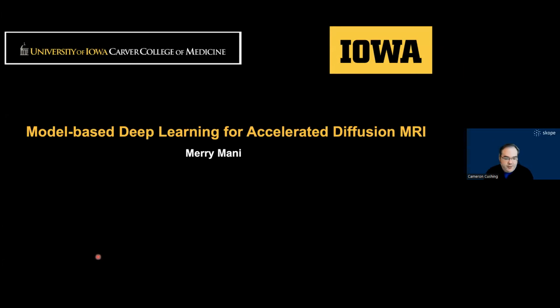This year's webinar series with someone that I've had the pleasure to work with over many years, Dr. Mary Monty from the University of Iowa. Dr. Monty obtained her PhD in 2014 in electrical engineering from the University of Rochester.